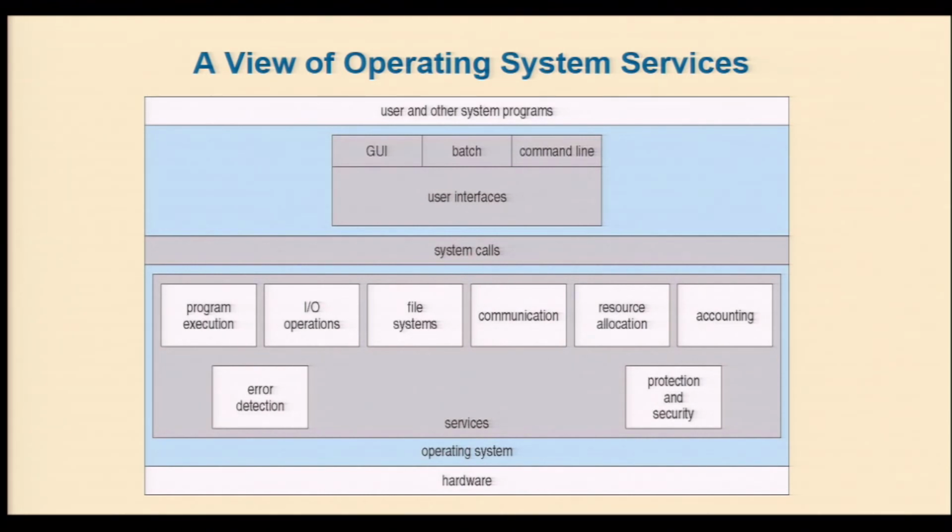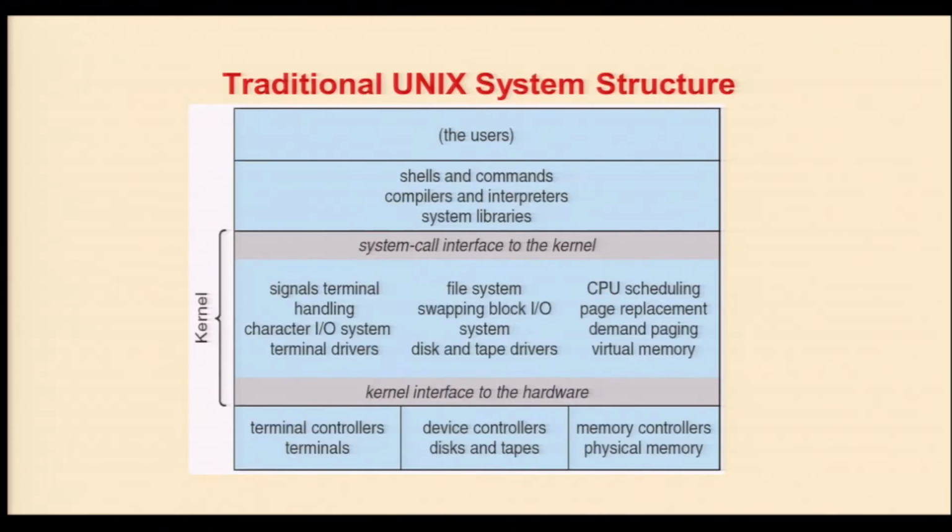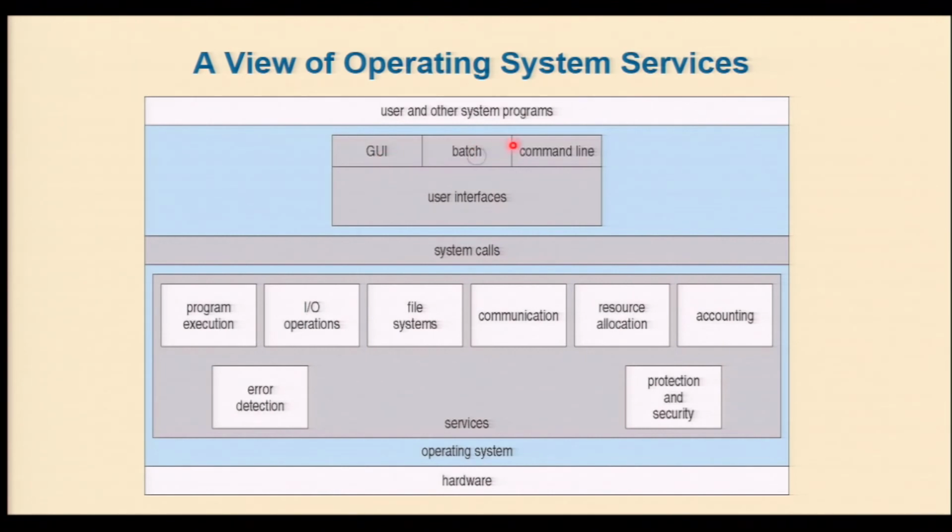Essentially, this is a set of services which are nicely provided to the user by any given typical operating system. How it is structured internally, that is a separate study, but this many services are there. User and other systems programs, we talk about all of them here, and what we are doing is to note the GUI, batch, command line, user interface level, program execution level, IO operation level, file systems, communication, resource allocation.